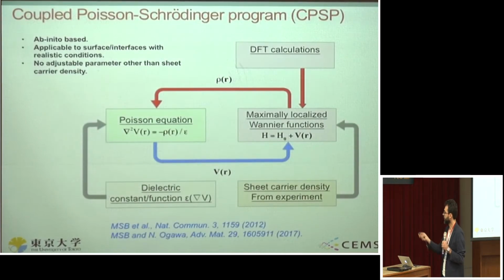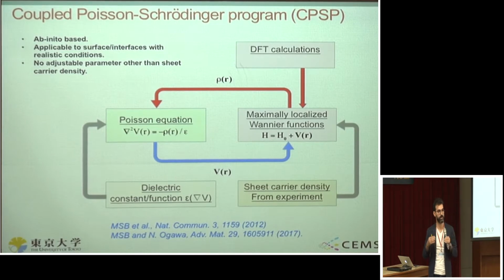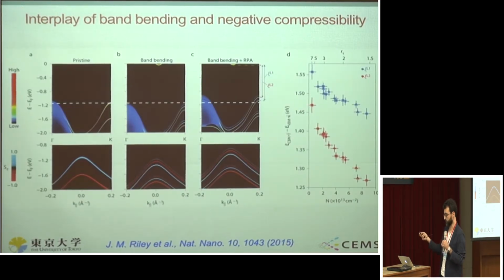Then we have this program which solves the near-surface band structure by combining the Poisson equation with the Schrödinger equation using a tight-binding scheme, and using this self-consistently, you can see the effect of band bending near the surface. By doing this calculation, we are able to reproduce this opposite trend of change in the conduction and valence bands, and this is what I have shown here.